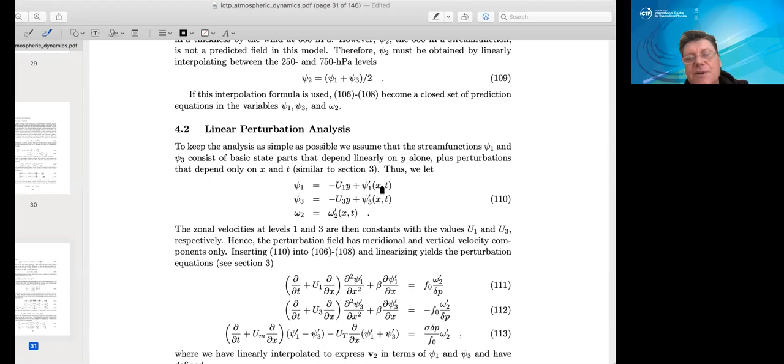And for the perturbation stream function, we make a simplification. In general, this could be a function of x, y, and t, but for simplicity, let it be just a function of x and t. So our waves only propagate in zonal direction. And for the vertical velocity field, we assume that there's no mean vertical velocity. All the vertical velocity is related to perturbation vertical velocities. This is intuitive, because we cannot have a mean rising or sinking of the motion in our channel.